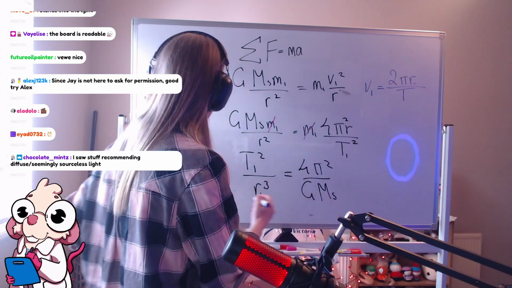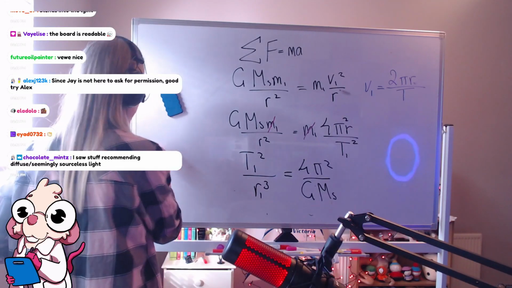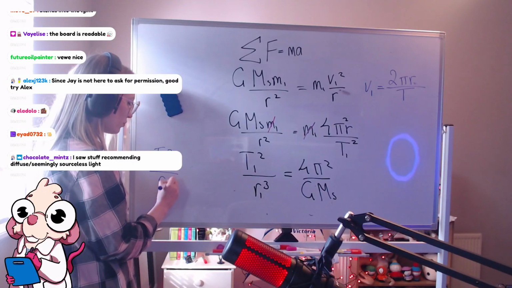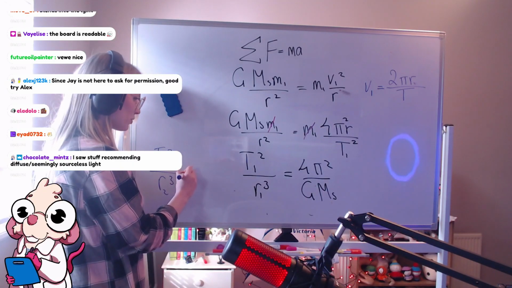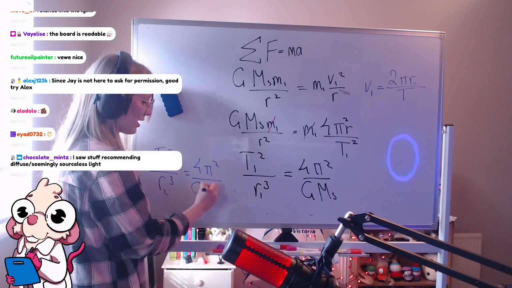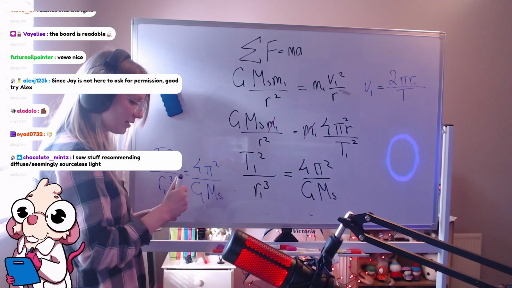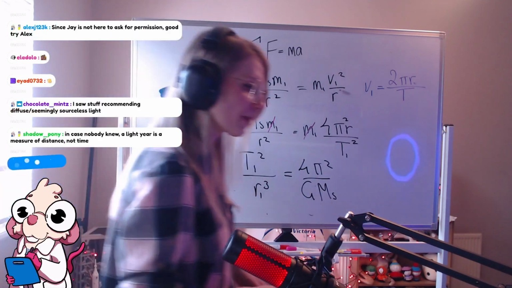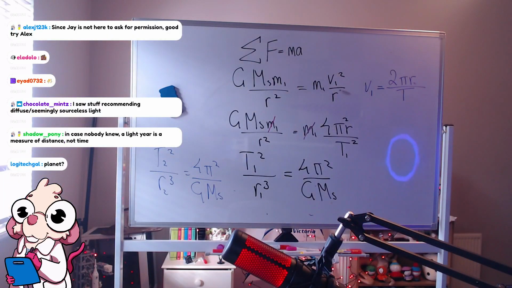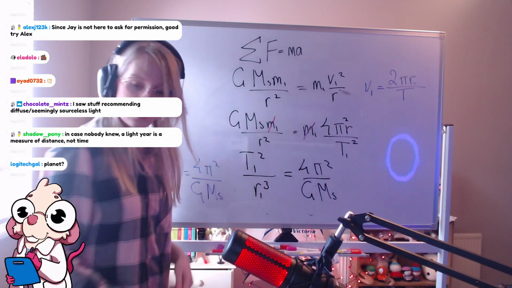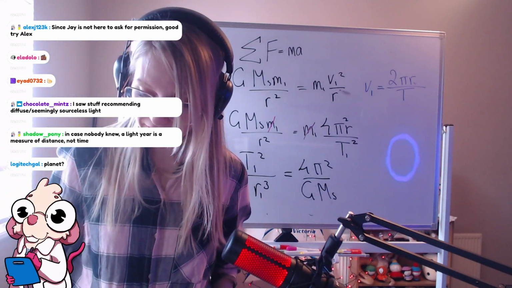We're just going to get T squared over R cubed equal to 4 pi squared over GM. We're just going to get the same thing for this other planet.